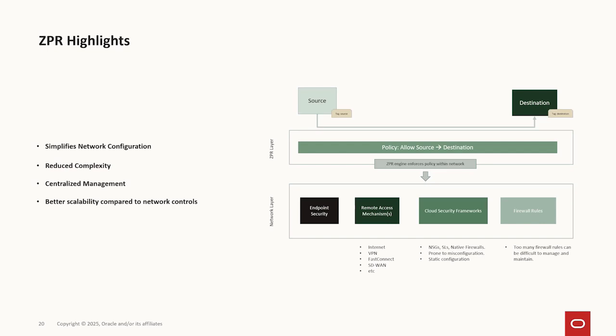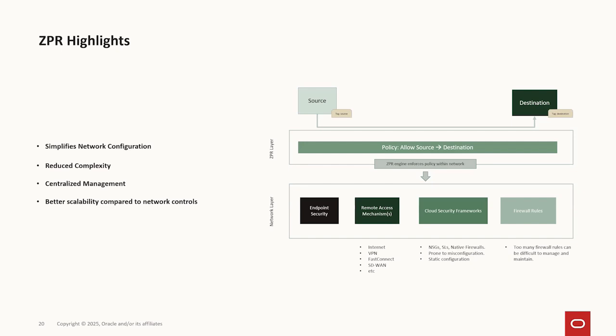And in this place, you have human readable policies, which are much easier to understand compared to looking at network firewall rules. And we also discussed scalability, right? Networking, the more you want to be secure, the more networking restrictions you apply, the harder it is to scale, right?